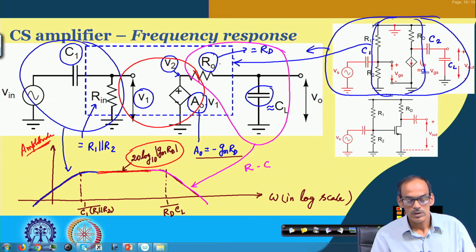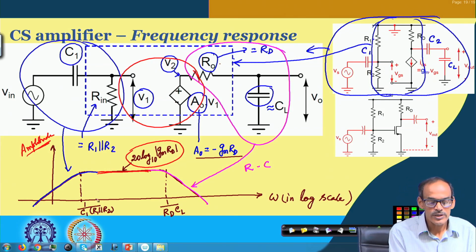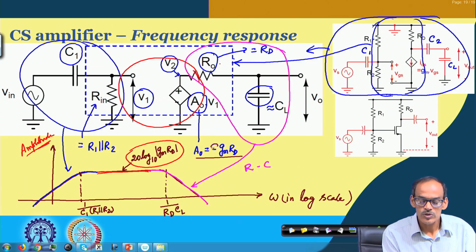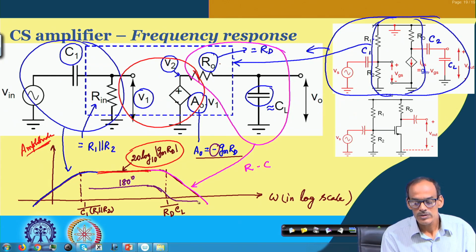Now, if you are asked to draw the phase plot, what you can see in the mid frequency range is that we have a minus sign here. So, as a result, in the mid frequency range, the phase will start from the middle. This phase is either minus 180 degree or 180 degree, and then it has a roll off towards this corner frequency, and then it goes a step of minus 90 degree.